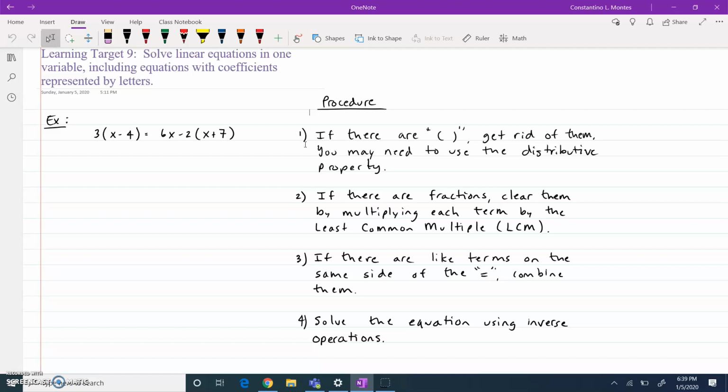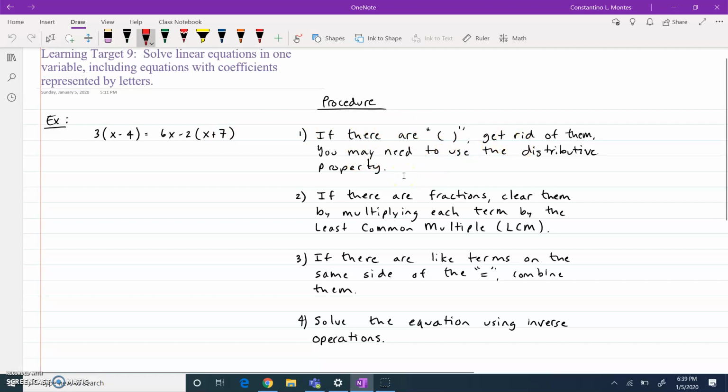Now we have 3 times quantity x minus 4 equals 6x minus 2 times quantity x plus 7. So our first step says, if there are parentheses, get rid of them. You may need to use the distributive property.